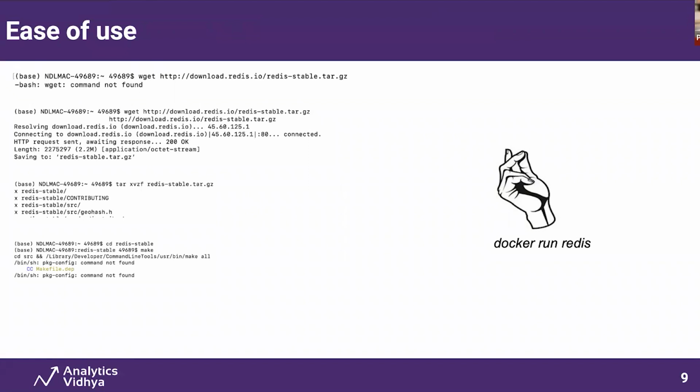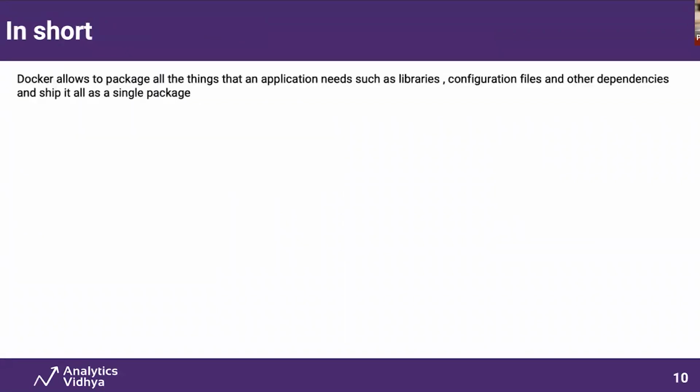Okay. In short, Docker allows you to package it all, and you can call it a sort of sandbox environment, because it would have all the libraries, configuration files, and other dependencies, and you can ship it on any system, any host. You can deploy it on cloud, and that's what Docker enables, right?